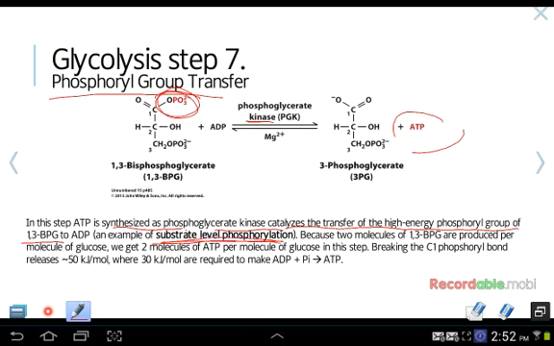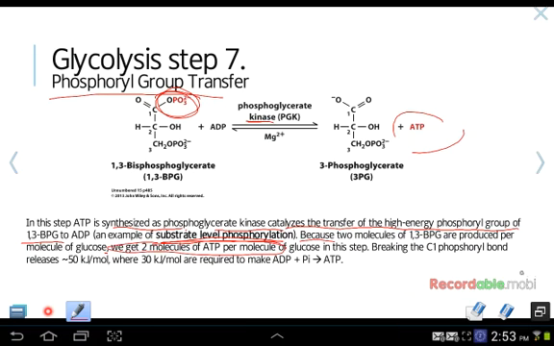This is different than oxidative phosphorylation because we're transferring a phosphate group from one molecule to another, as opposed to doing oxidation-reduction reactions coupled to inorganic phosphate. Because 2 molecules of 1,3-BPG are produced per molecule of glucose, we get a total of 2 molecules of ATP per molecule of glucose in this step.